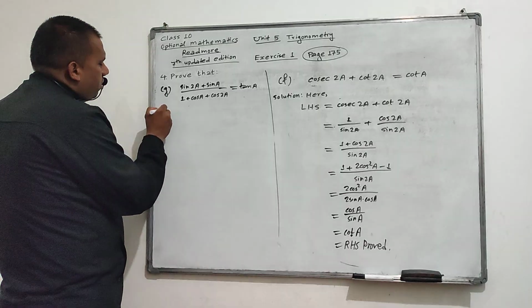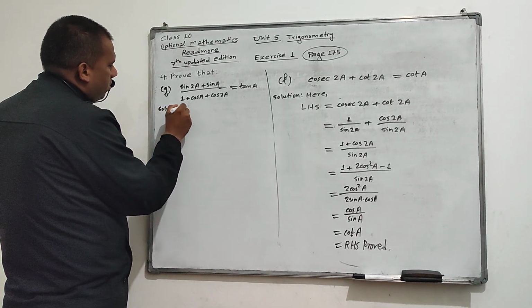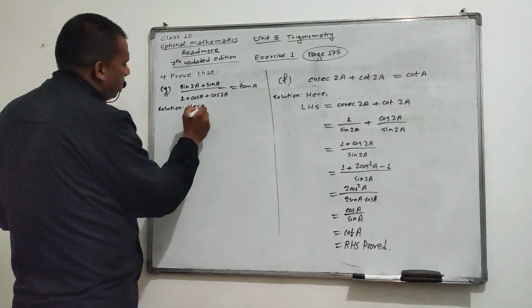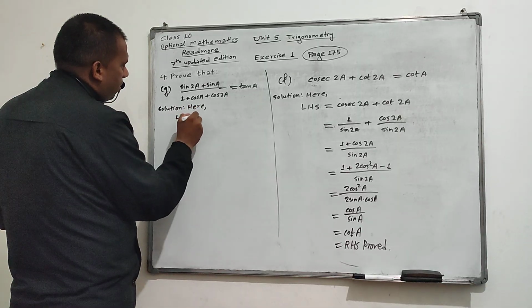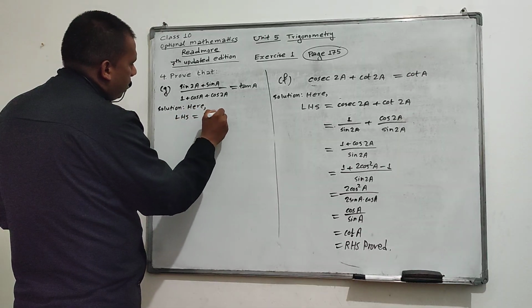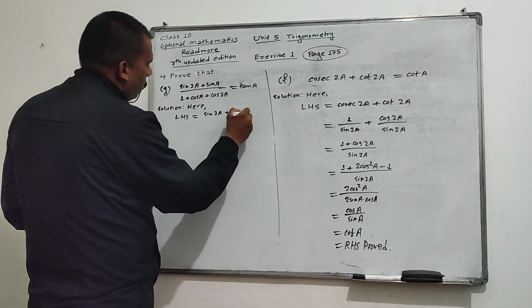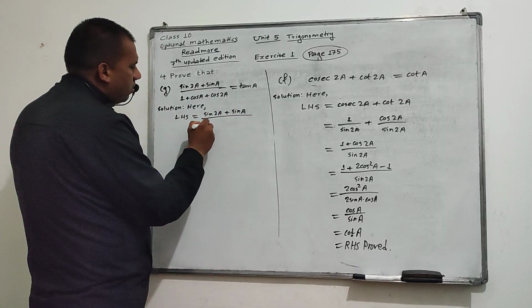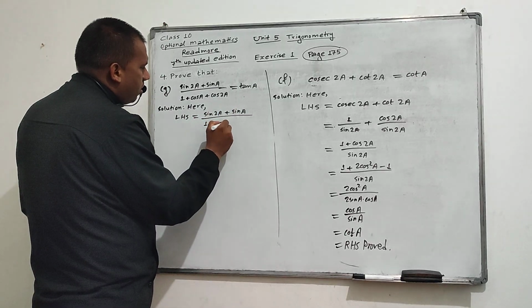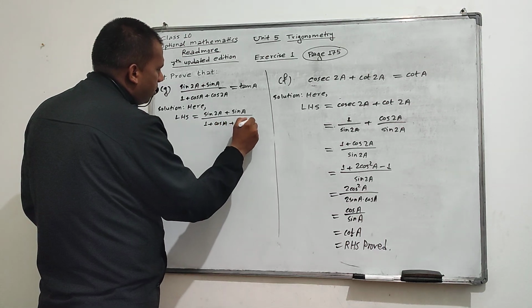Now its solution. Here LHS equal to sin 2A plus sin A over 1 plus cos A plus cos 2A.